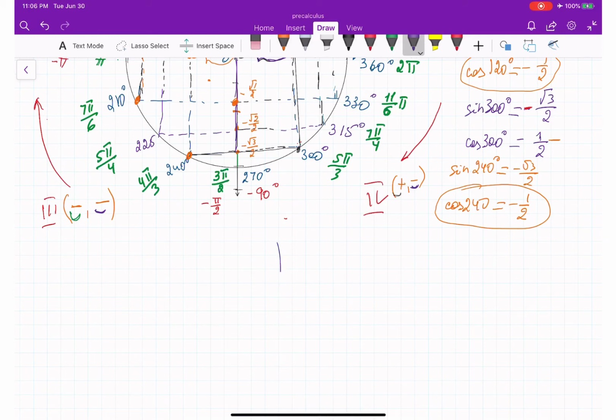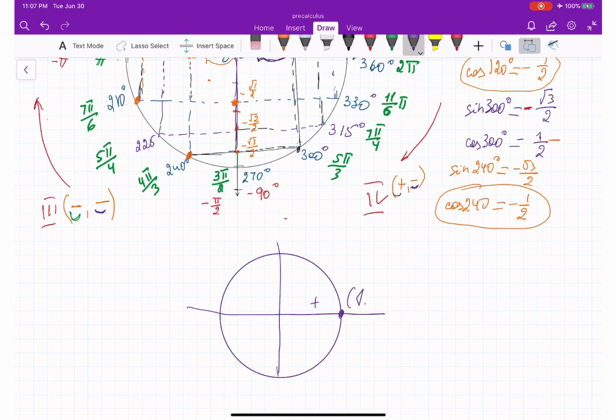So this is my unit circle, because it's a unit circle, we have 1, right? So here in this point, my cosine is positive, sine is 0, right? So I will have 1 and 0.